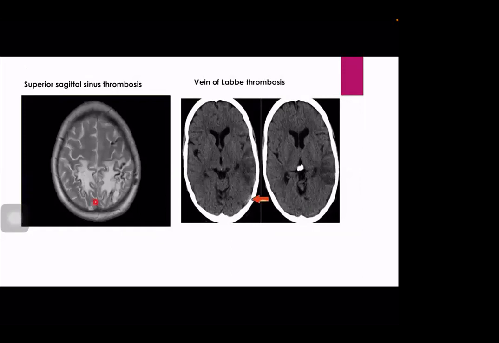Here is a venous infarction due to superior sagittal sinus thrombosis involving the bilateral frontal lobes. Here you can see the obstruction and thrombosis of the vein of Labbé. You can see this area of hypodensity in the left temporal lobe, and there is also a linear hyperdense region, which indicates hemorrhage.